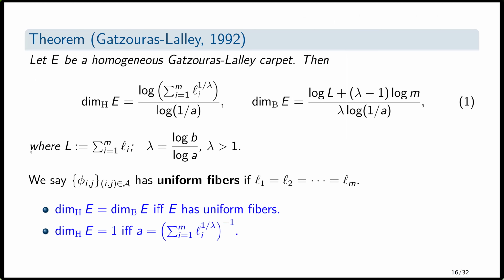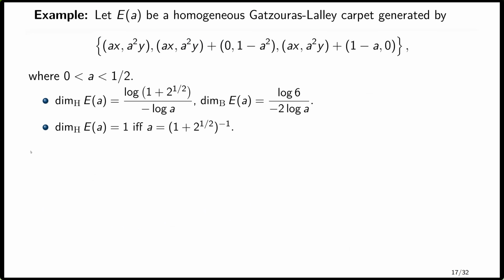Since there are only 2 columns, M is 2. And in the first column, there are 2 rectangles. So L1 is 2, L2 is 1. And then we can compute the Hausdorff dimension and the box dimension directly. And we know that the Hausdorff dimension is equal to 1 if and only if A takes this value, where the numerator is equal to the denominator.